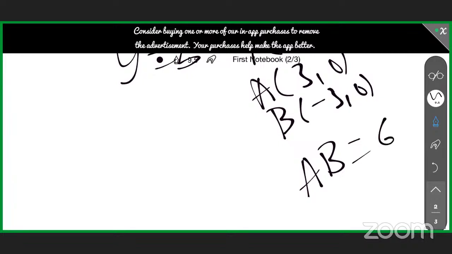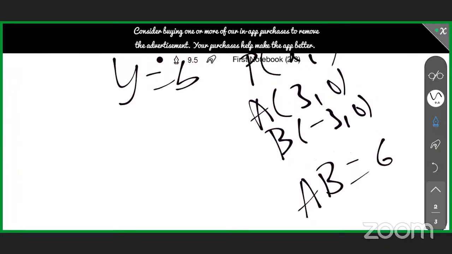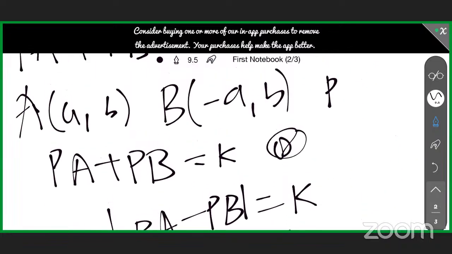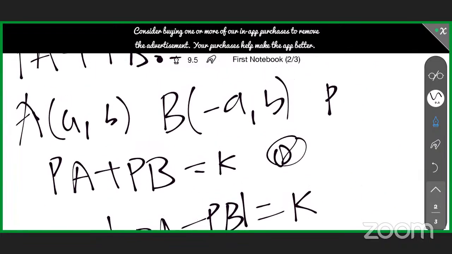Is my AB greater than K or less than K? Look at the question: root of (x minus 3) whole square plus y square, plus root of (x plus 3) whole square plus y square, is equal to 7.